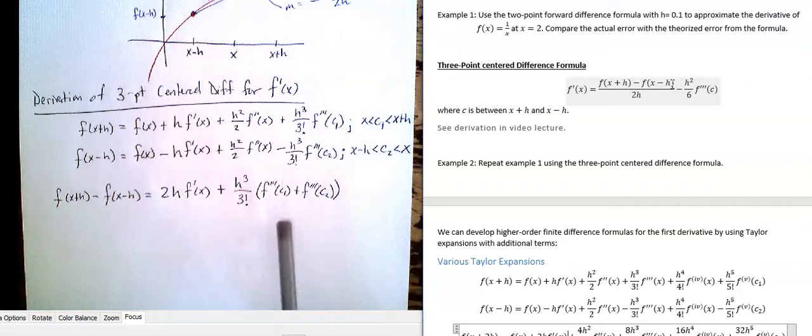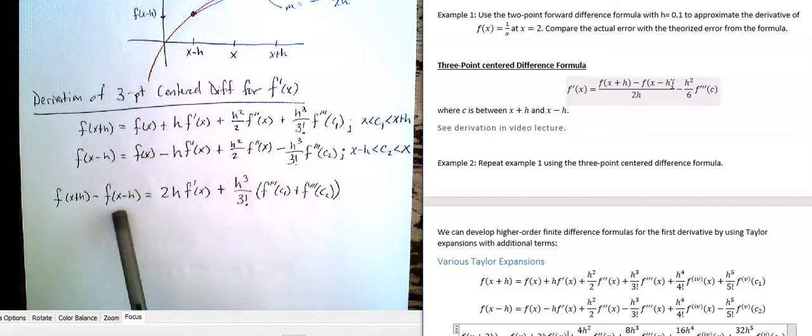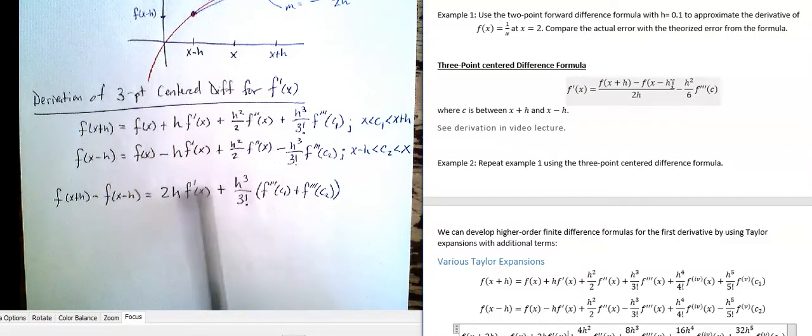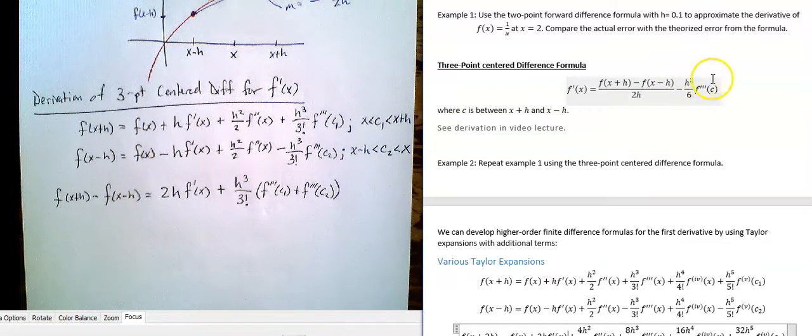Now, we're almost there. We know we can just divide by 2h and we'll get our f prime there. What we need to do is fit this to what we're trying to get. We're trying to get h squared over 6 times f triple prime at c.